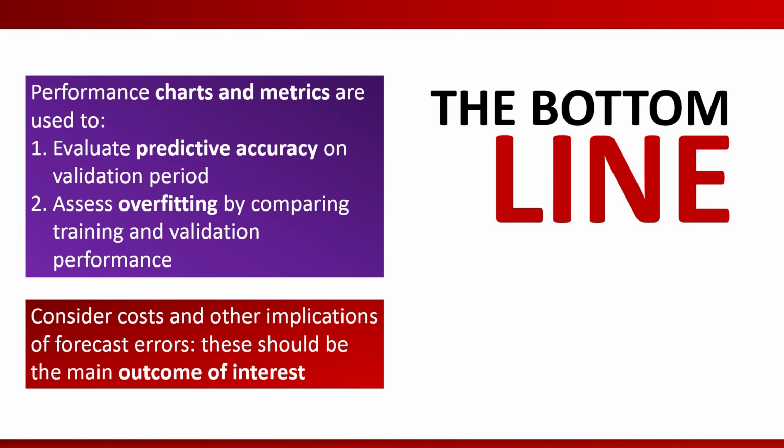We also talked about the issue of not only looking at metrics and not only looking at charts, but thinking about other considerations and other costs that are related to the context itself. And if you can measure those costs, or somehow convey your final outcome of interest, that is really what you want to include in your performance evaluation.